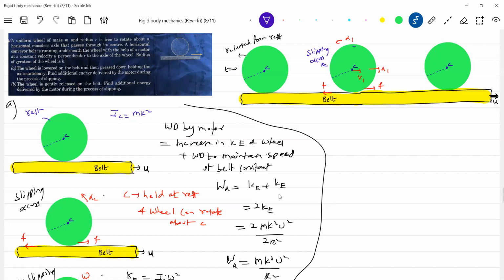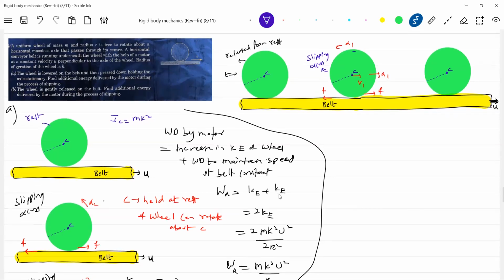Finally, no slipping. When no slipping occurs, the friction will become 0. The velocity of this point will become equal to the velocity of this point, v, and this will be the final omega. This is at time t equal to t.